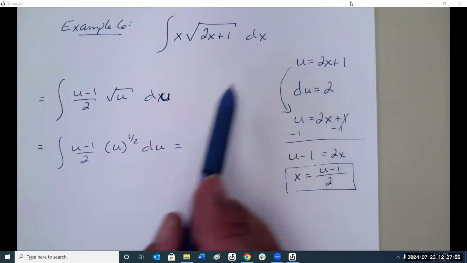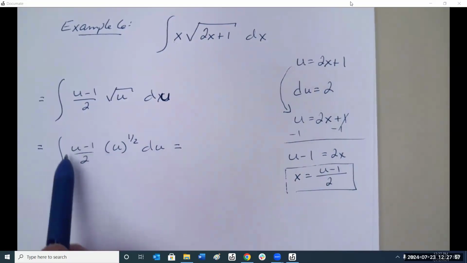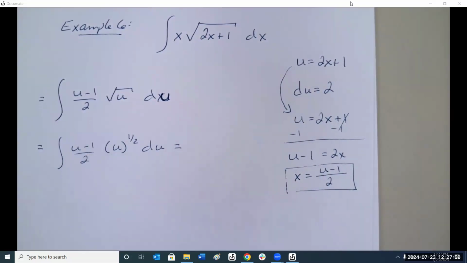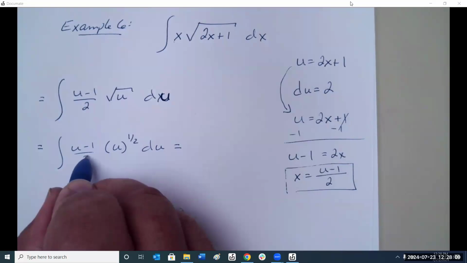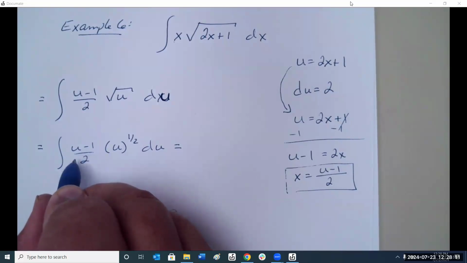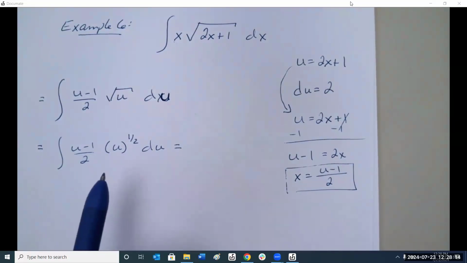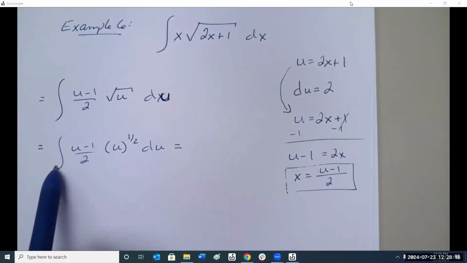If we plug this back in here, this will cancel and we'll get x again. So now we have to do the integral. Okay, so this one, that's a 2.